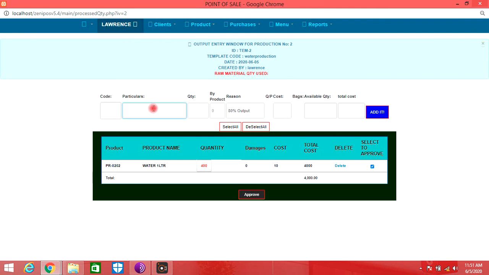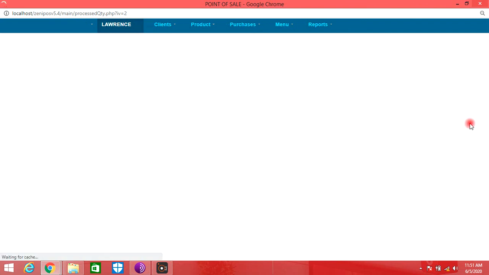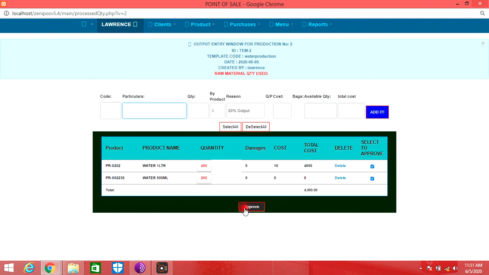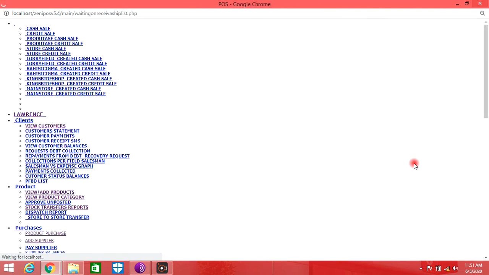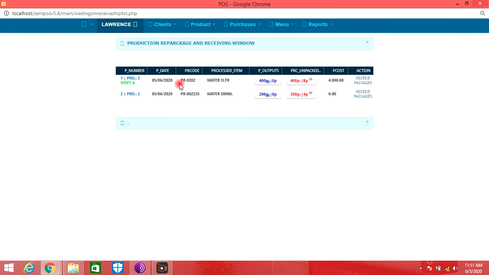For water 500 ml, we just produce 200. I want to see what happened to our stock. Once you approve, it shows that our water 1 liter will be 400 pieces and water 500 ml will be 200 pieces packed.